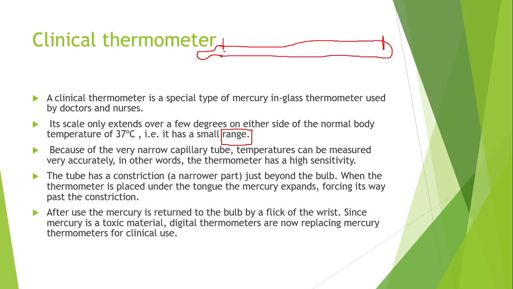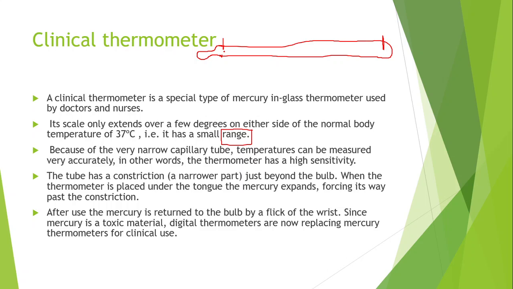The narrower the tube you have, the more change in length, easier visibility, or more sensitive it would be. This is called sensitivity. If something is able to measure or detect a change in a really small amount, then we say that it is sensitive. So because it has a very narrow tube, clinical thermometers are really sensitive.